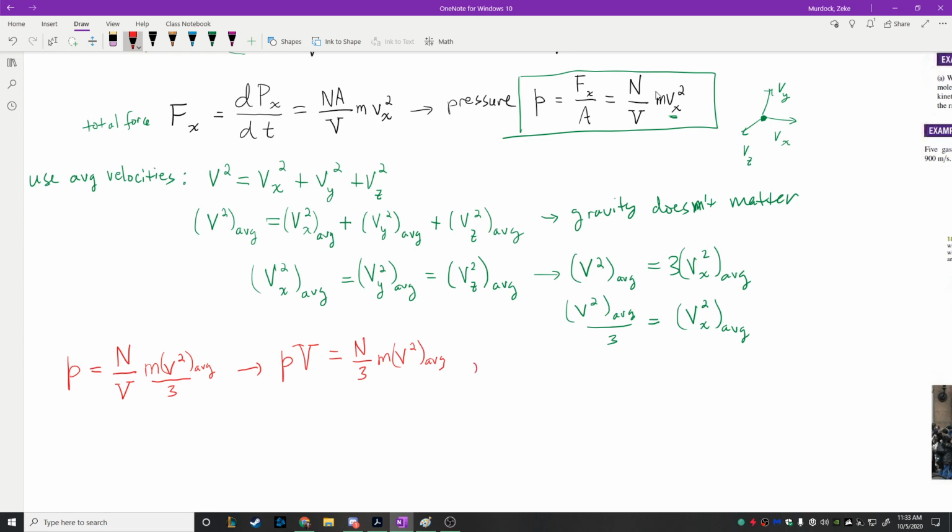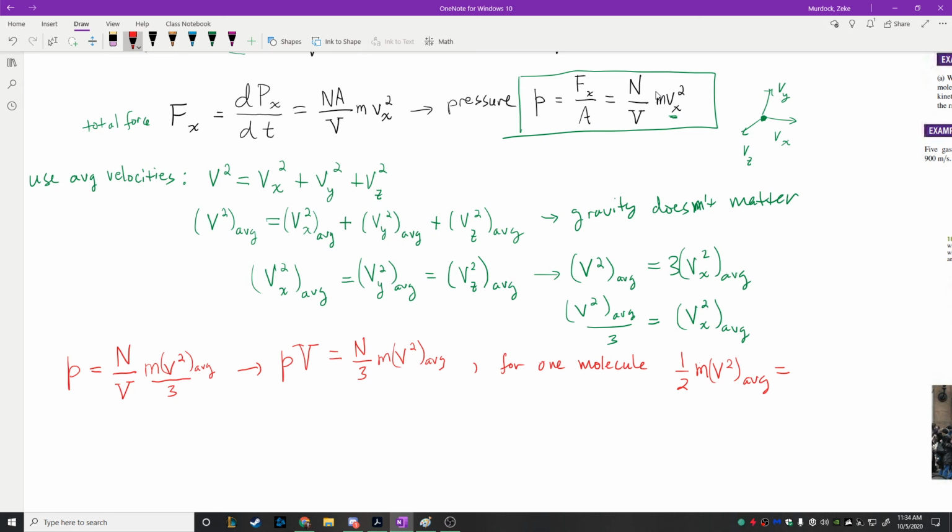For an individual molecule, 1/2 multiplied by the mass of the molecule multiplied by v squared average represents effectively the average kinetic energy per molecule.